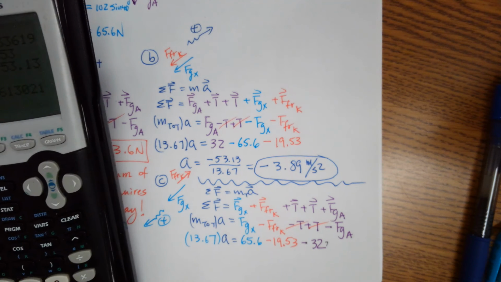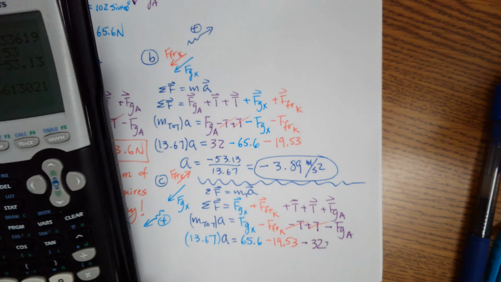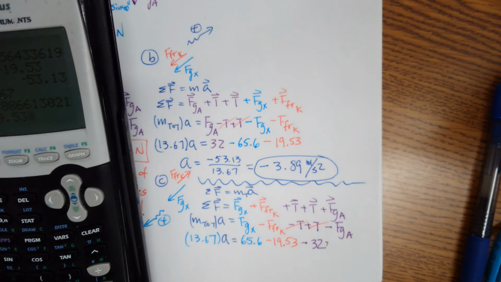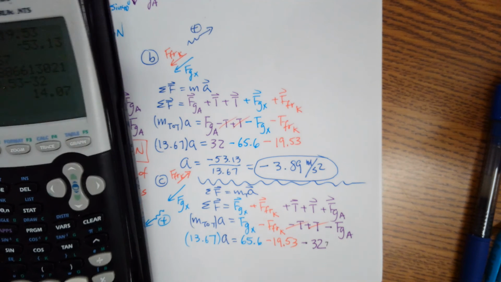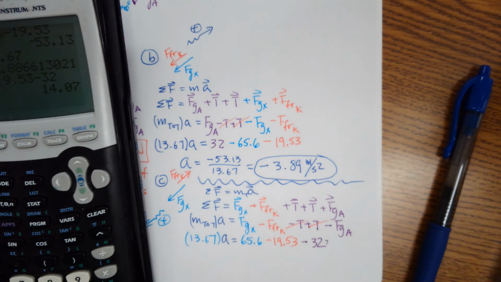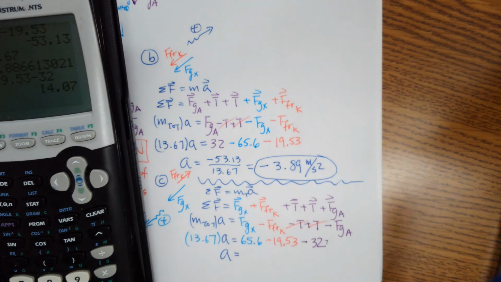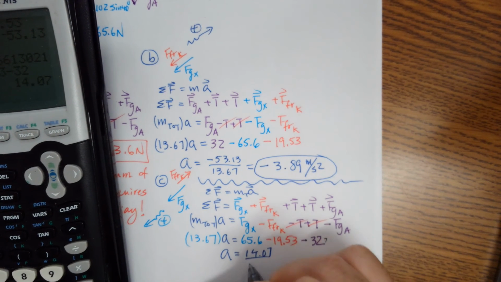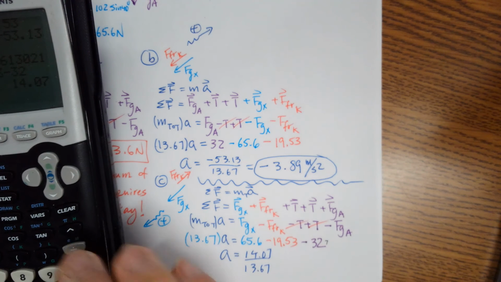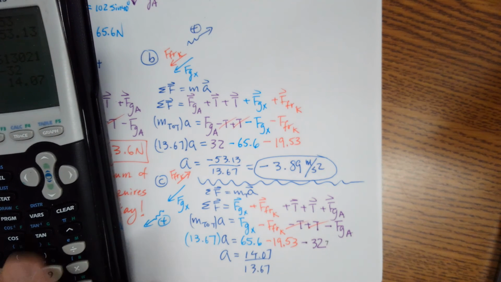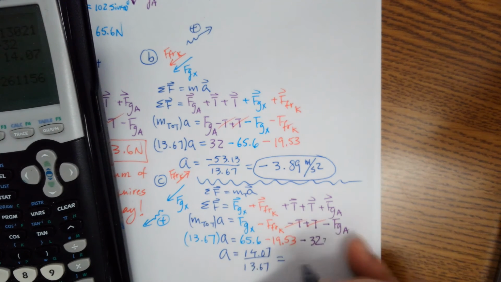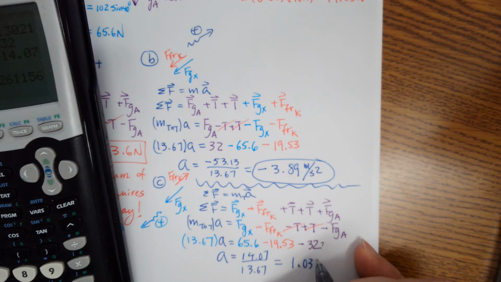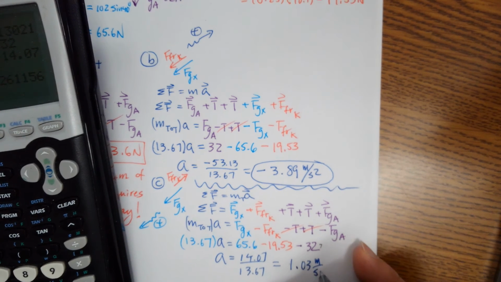So I have 65.6 minus 19.53 minus 32, and I get 14.07. Divide that by 13.67, and I get positive 1.03 meters per second squared.